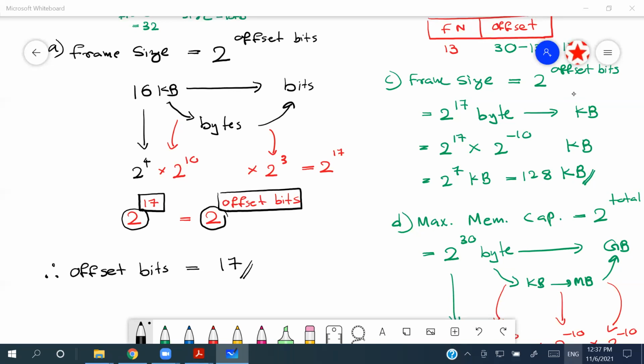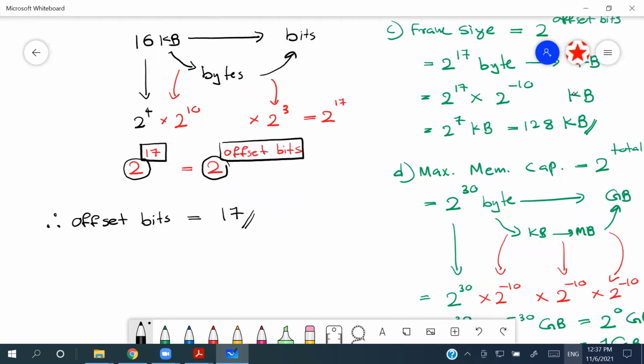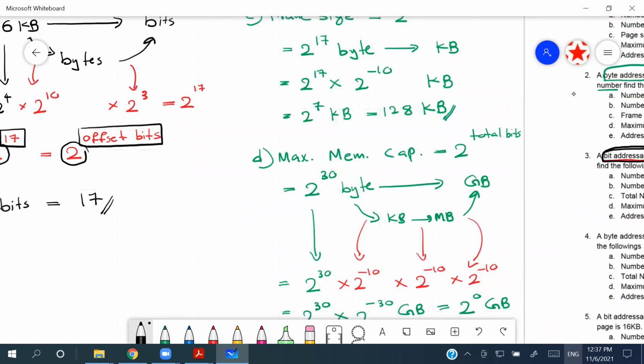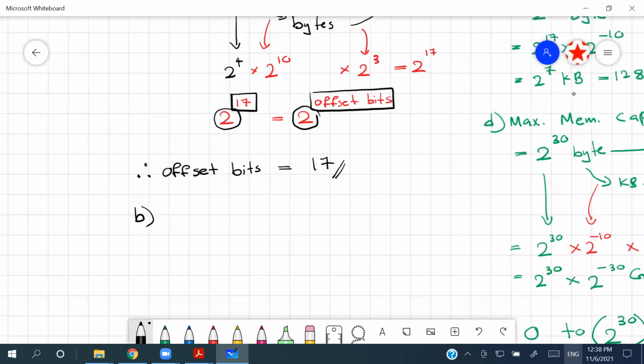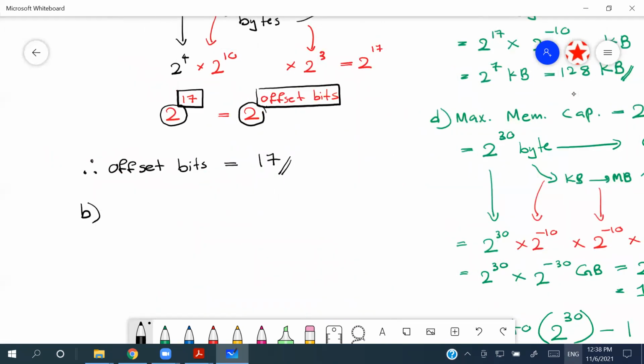Okay. Right. So in part B, they are asking how many bits are there in the frame number, the number of bits to represent the frame number. For that, we can take the first equation, right? What is the equation? Number of frames equals 2 to the power frame number bits.